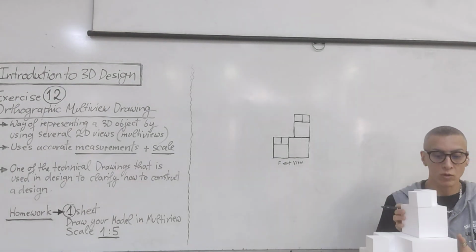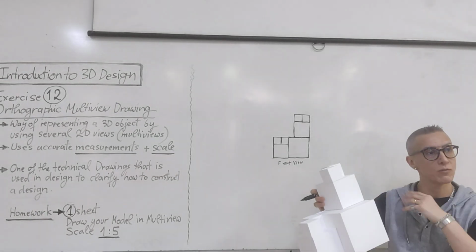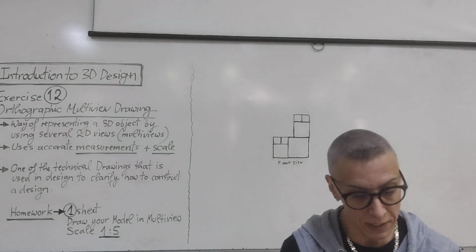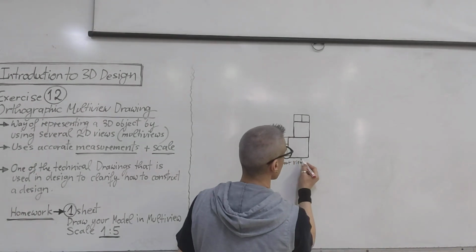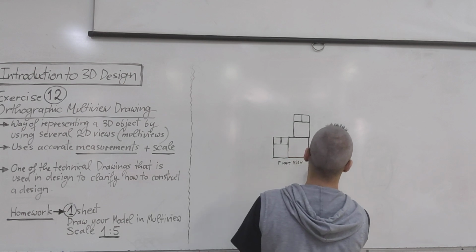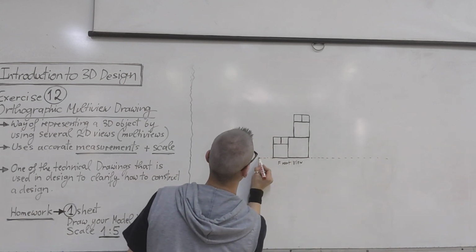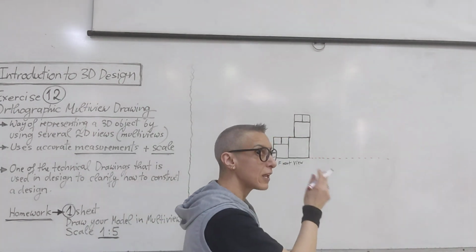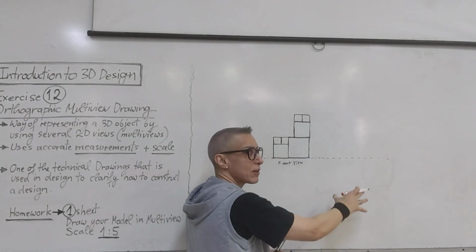Now, we need to draw the rest of the views. We need to draw the top, the bottom, the two side views, and the back. So, everything needs to be aligned perfectly. You need to take lines so that you don't make a mistake with the placement, because you cannot place a view a little bit up, a little bit down.